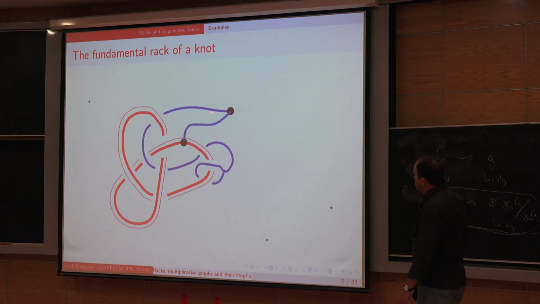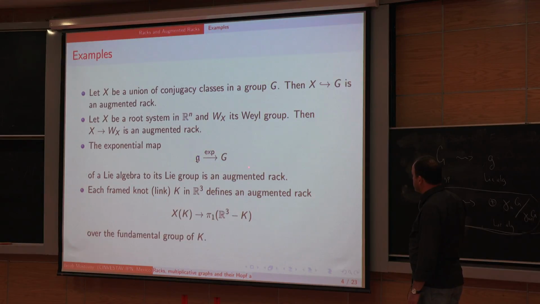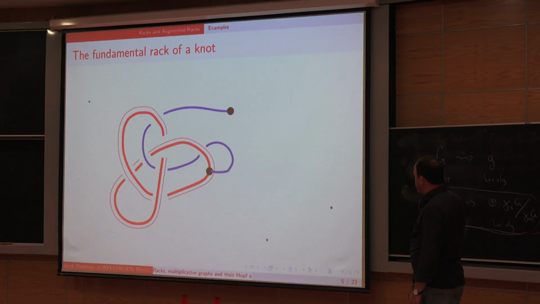If you have this path and this path, this path acts on this one by just precomposing it. First we go around this path, around the knot, we come back, and then we go along this path.